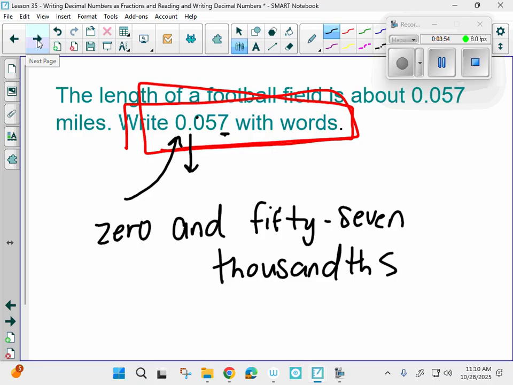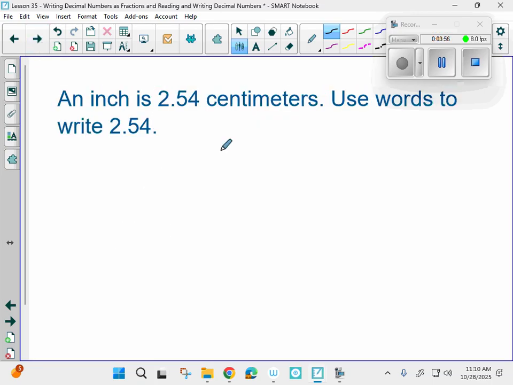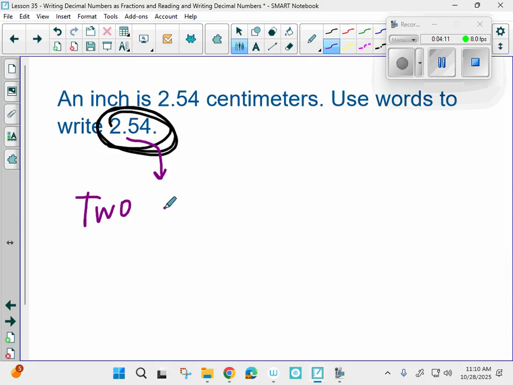Okay, 2.54 centimeters is 1 inch. Use words to write 2.54. All right, so I'm going to start with 2. And then Piper, what's the decimal? I agree with you that this ends in hundredths. Good job. What's the word we use for decimal, everybody? And.